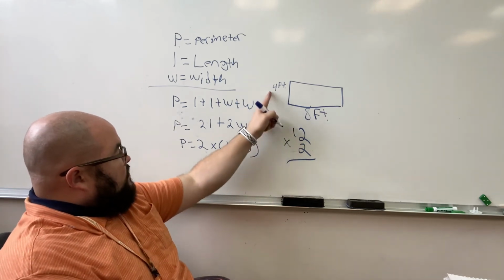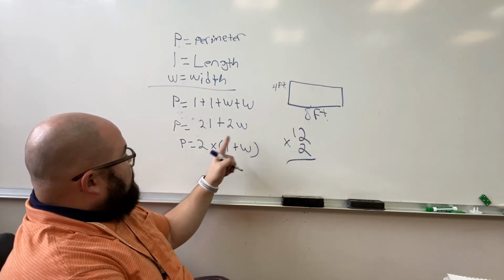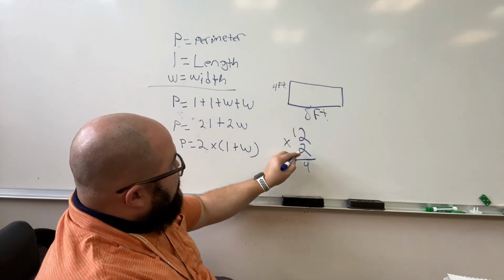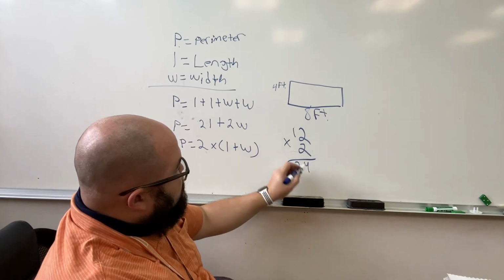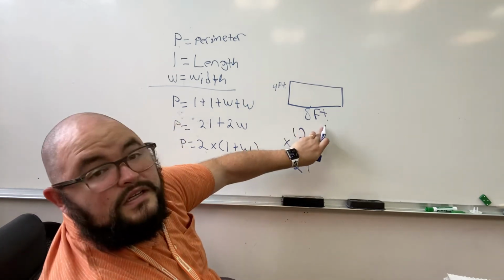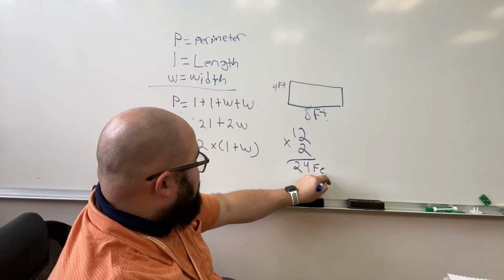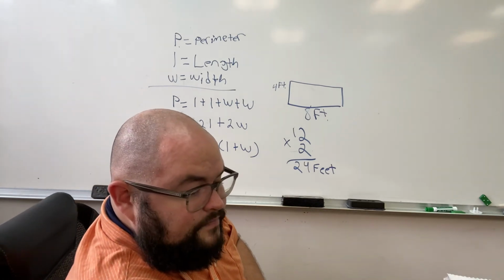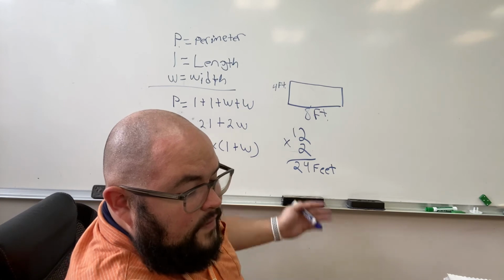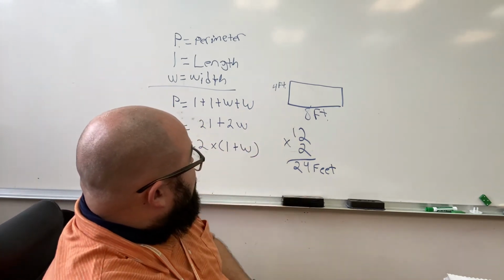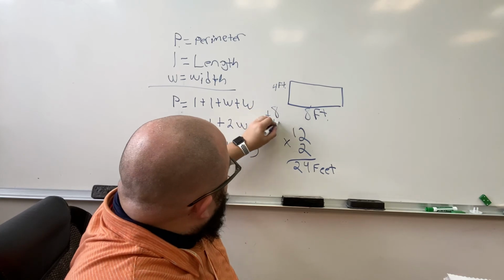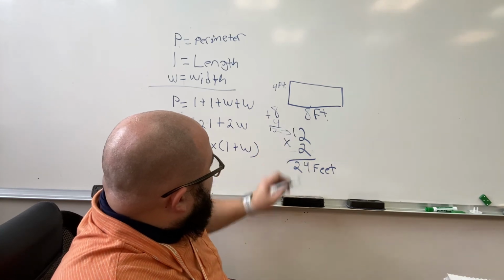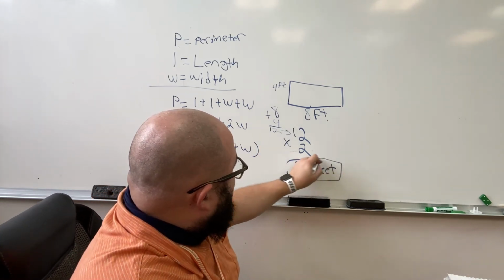We did length plus width, got us 12. Now we've got to do 2 times 12. 2 times 2 is 4. 2 times 1 is 2. It is 24 what, guys? 24 feet. Okay? We sketched his garden. We found our perimeter. We showed our work, right? Oh, I guess we should write 8 plus 4 is 12, right? We brought it over here, 12. Worked it out. There's our answer.